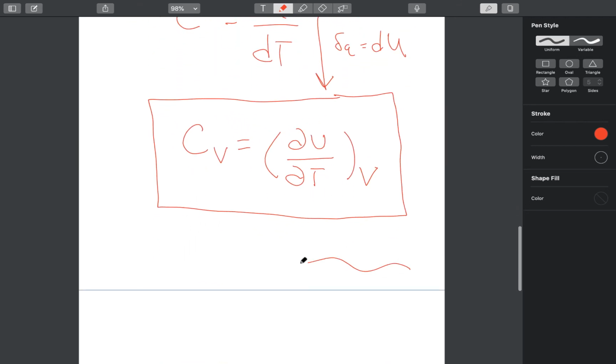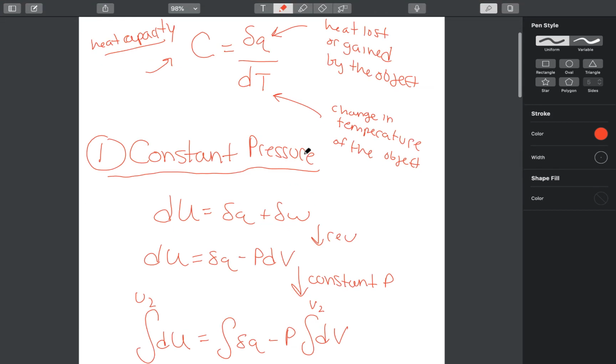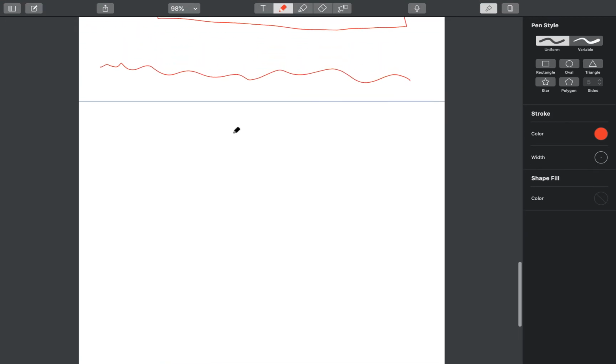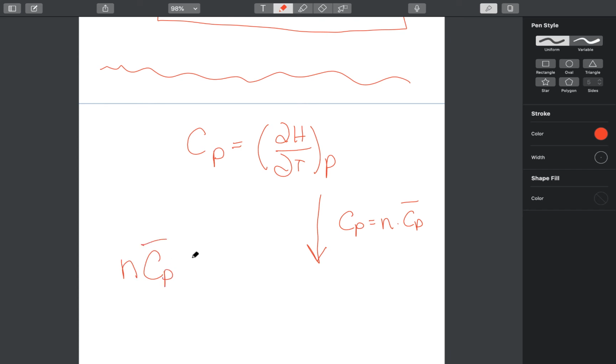So now what we're going to do is derive Q is equal to m Cp times delta T. So we're going to bring in our Cp equation. And we know from the last video that Cp is equal to n times Cp bar, and remember that Cp bar is just the molar heat capacity. So therefore, n times Cp bar is equal to dH over dT holding pressure constant.